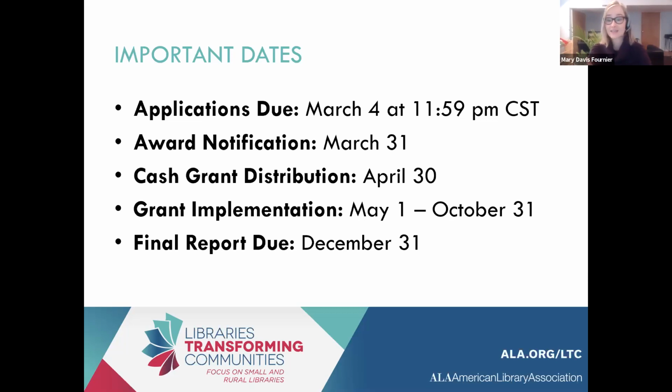I also want to say one almost final thing, since I'm not seeing another question. I want you to know that in the first round of grants, 113 of those grants were given to libraries serving communities under 5,000 people.